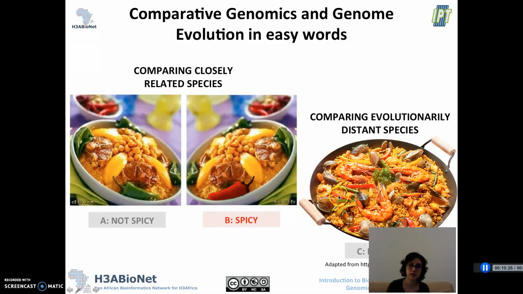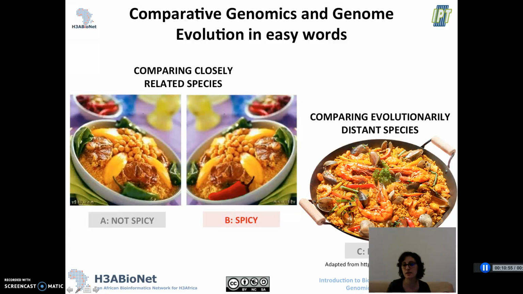Instead, you would be able to say that this redness is due to the common things between them, for example the presence of tomato in a sauce. So here you would need this kind of close comparison to highlight small differences related to a specific character, whereas here you would be comparing completely different things and highlighting, for example, one common feature.